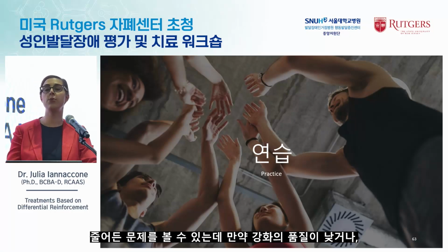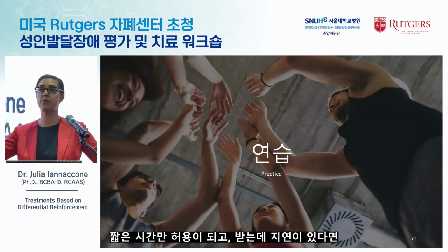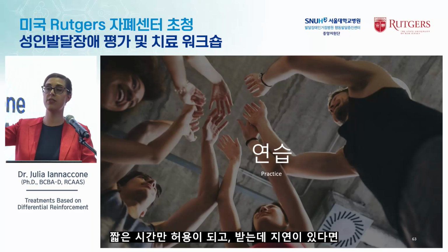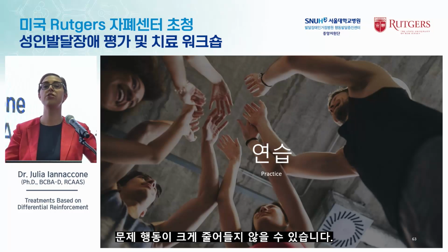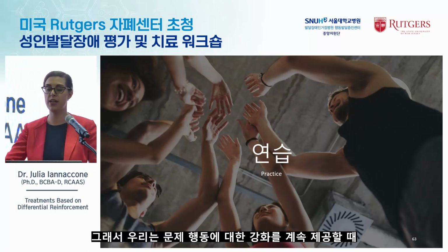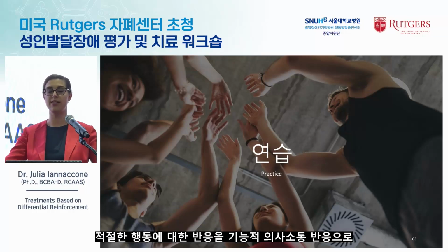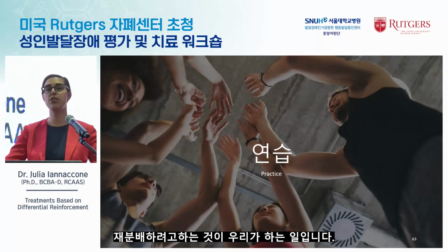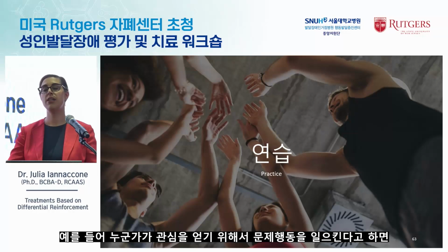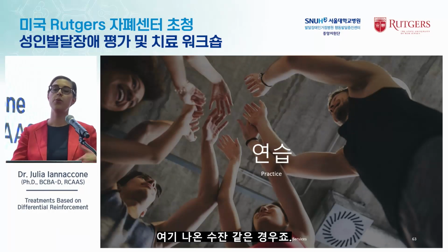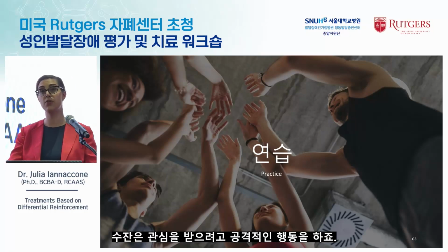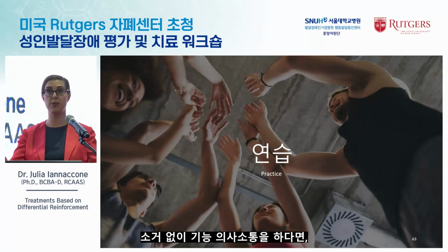And so that's what we do to try to reallocate responding to the appropriate behavior, to the functional communication response, when you're still providing reinforcement for the problem behavior. So for example, let's say you have an individual who engages in problem behavior for attention. Susan was the example that we had here. Susan engages in problem behavior, let's say it's aggression, to gain access to attention. If we were to do functional communication without extinction, that means she's going to get attention for problem behavior and a communication response.